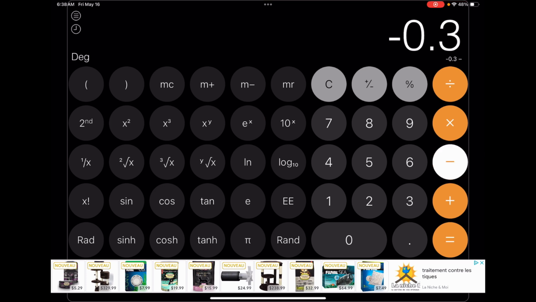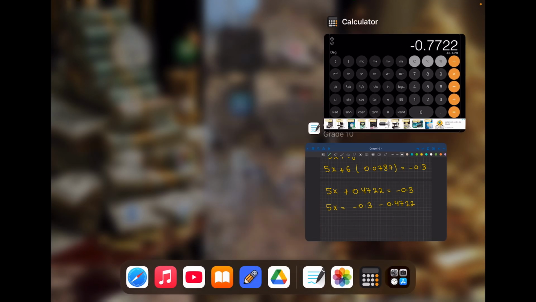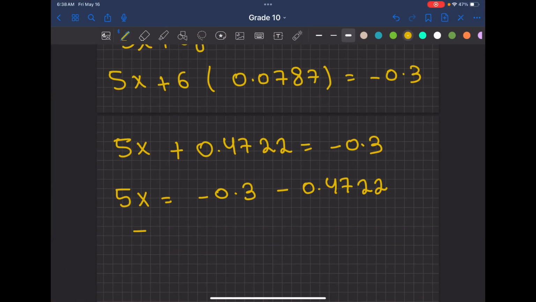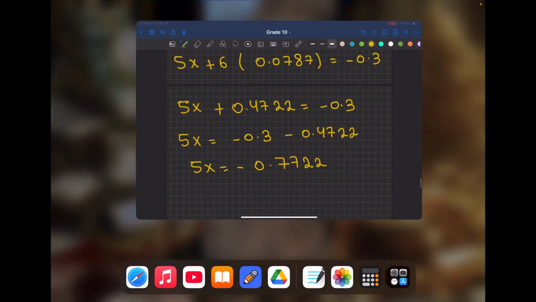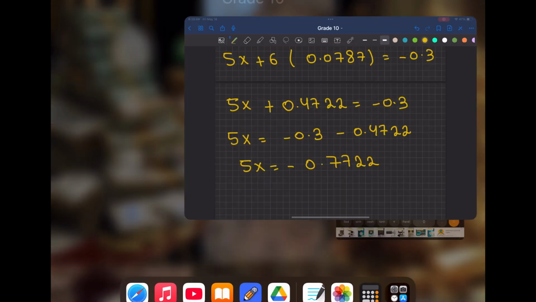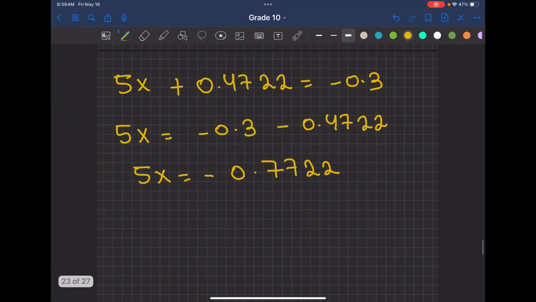Negative 0.3 minus 0.4722 equals negative 0.7722. So 5x equals negative 0.7722. Let me double check the number. 0.7722, yes. So remember it's a negative number.